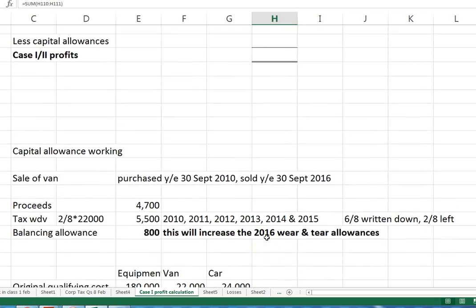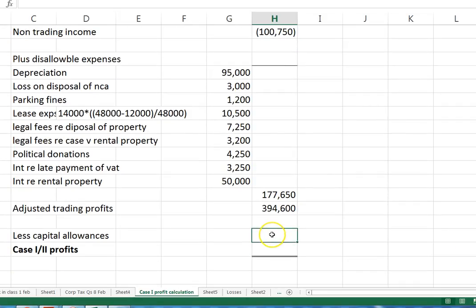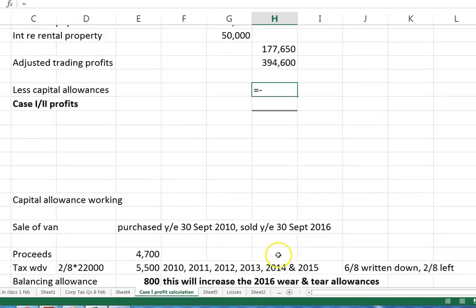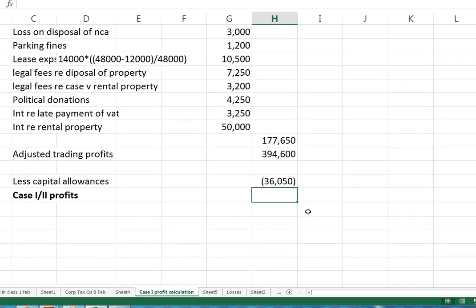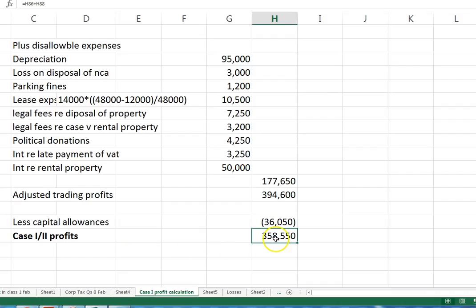And that just comes up here then into our working. And our case 1 profits now is 358,550.